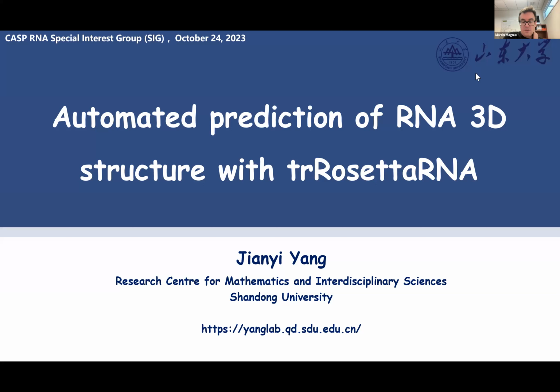His group won the tertiary structure prediction of protein in CASP 15, and he has published over 70 papers that are cited over 15,000 times. After his talk, his PhD student, Wenkai Wang, will present the results about CASP 15 for RNA. So with that, the screen is yours.